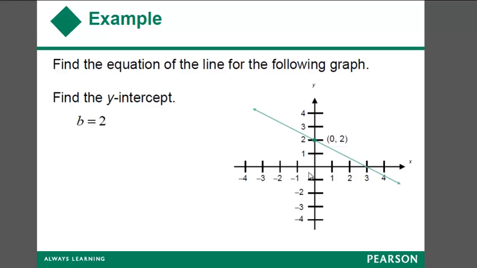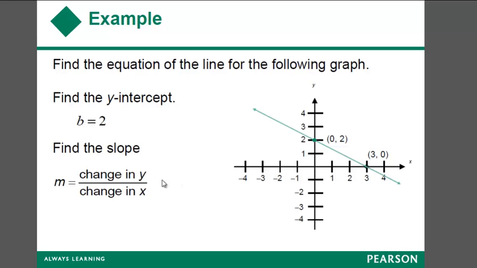Okay, the next thing I want to do is find my slope. In order to do that, I need to find another point. Find one where it crosses exactly at a hash mark, exactly on a dot line. In this case, I chose the x-intercept, (3, 0). Now to find the slope, remember that that's my change in y, how far did I go down or up, divided by my change in x, how far did I go right.